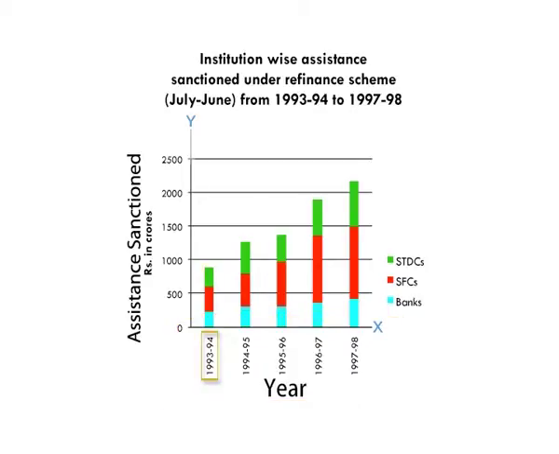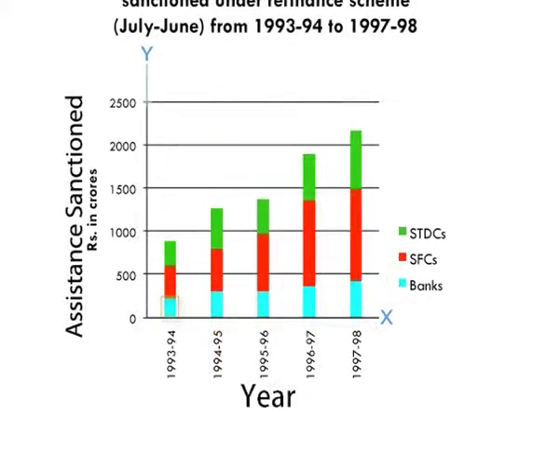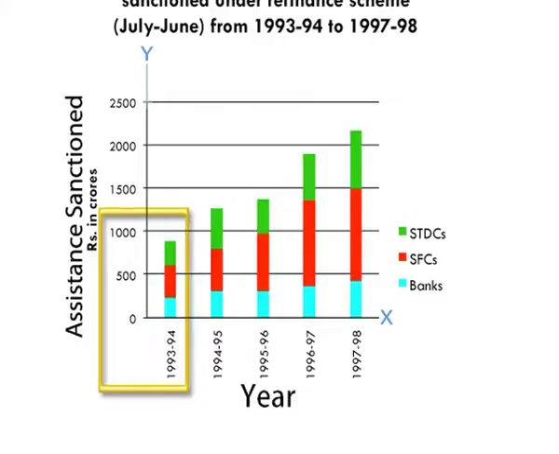For example, in the financial year 1993-94, the total amount sanctioned was the sum of 233.8 plus 365.3 plus 283.4 crores of rupees. So, a bar is drawn against the year 1993-94, and the height of the bar is proportional to the total amount sanctioned in the financial year 1993-94.